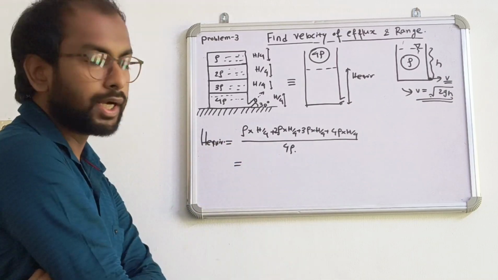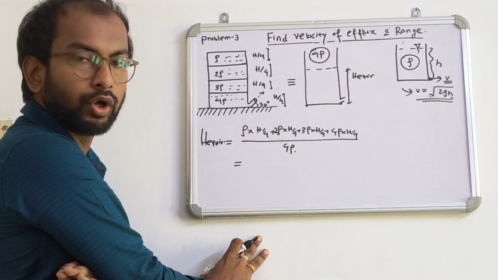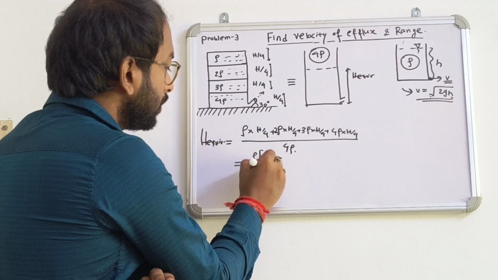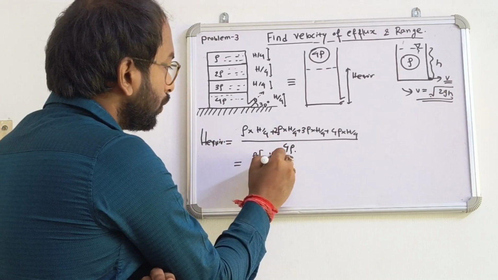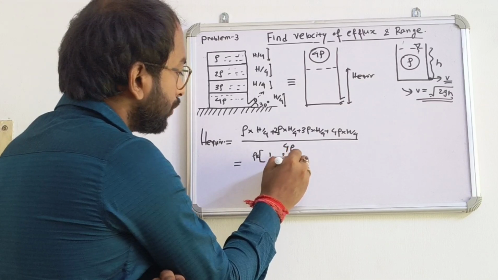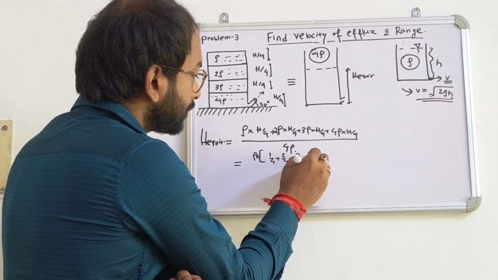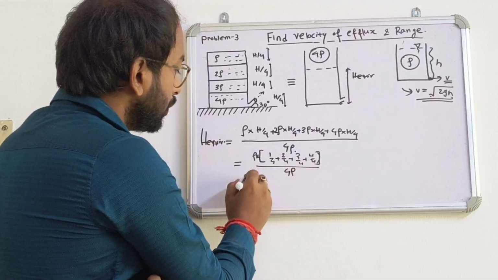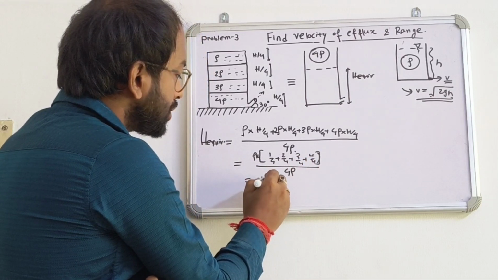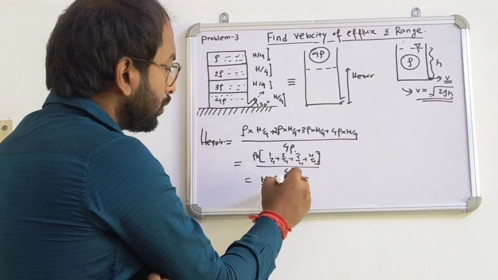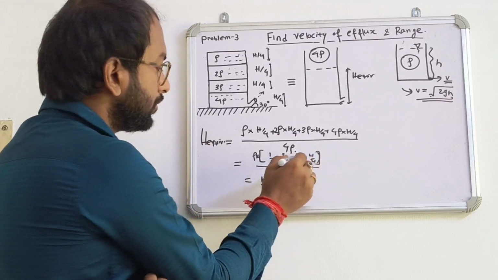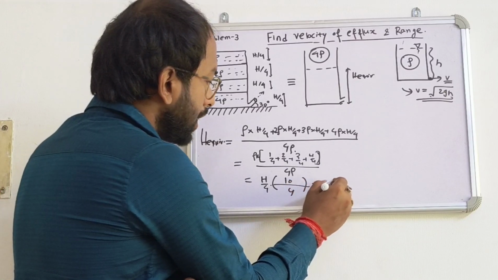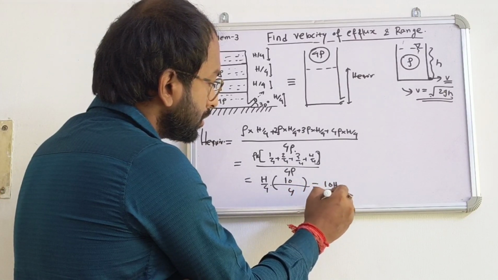So let us calculate that. What will be the equivalent column height? Rho h, taking common, 1 by 4 plus 2 by 4 plus 3 by 4 plus 4 by 4, entire divided by 4 rho. So it becomes h by 4 into (1 plus 2 plus 3 plus 4), which is 10, so it is 10h by 16.